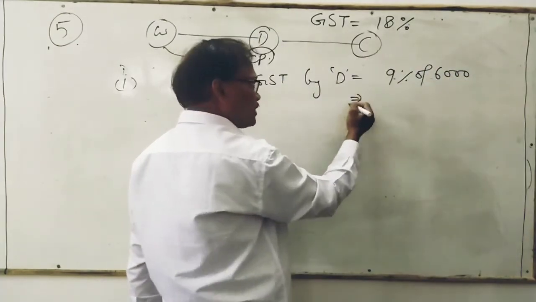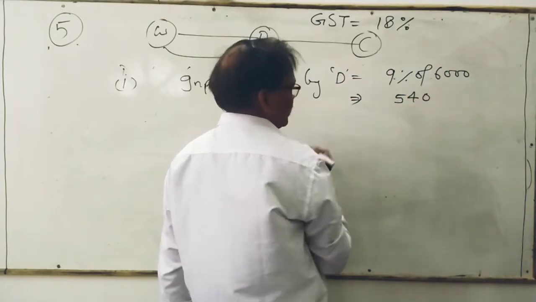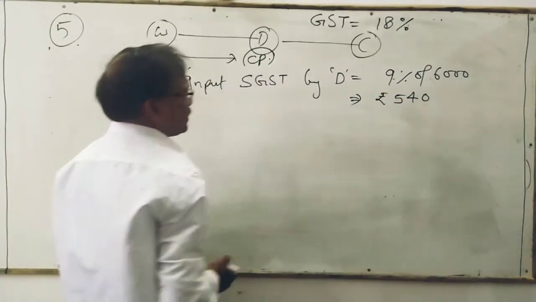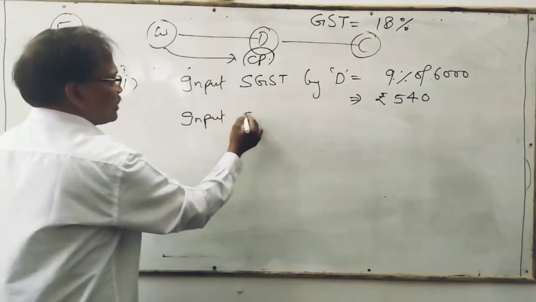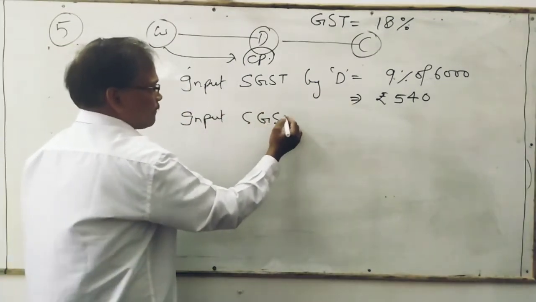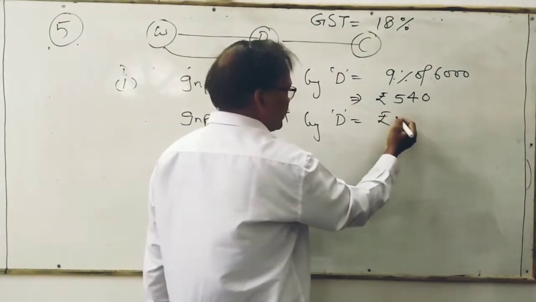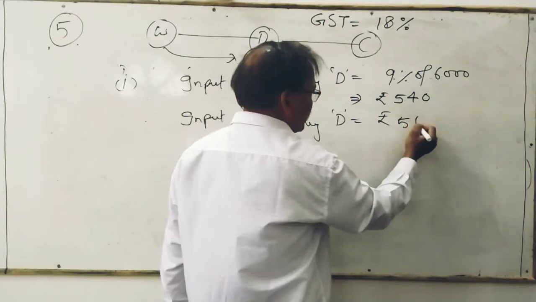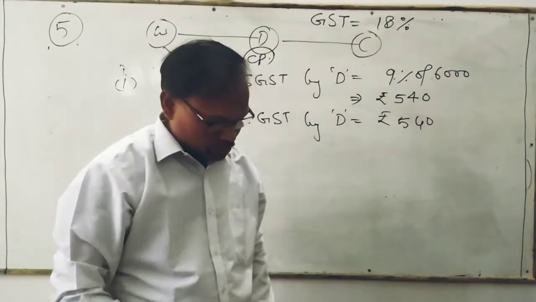Cost price में 9 directly निकाल सकते हैं. तो 9 6 are 54, 540. This is the input tax, input SGST. Similarly, input CGST by dealer. This is again 540 क्योंकि 9% of 6,000 again. Clear? This is the first part.